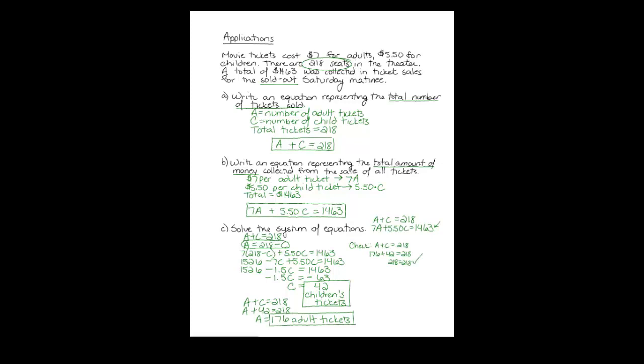So that checks. In our second equation, 7A plus 5.5C equals 1,463. Plugging in our values, 7 times 176 plus 5.5 times 42 equals 1,463. Working out the left-hand side, you wind up with 1,463 equals 1,463.